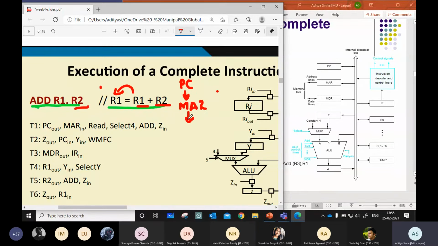Then instruction list. PC gets updated. Then what happens after the address is there inside MAR and PC has been incremented?